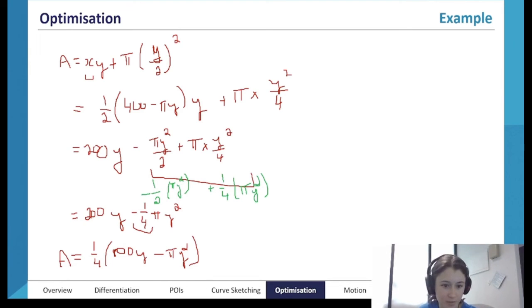Firstly, let's find the derivative. I'm going to do this in this nice green color, a dash. So we're going to have a quarter out the front, then we're going to have 800 take 2 pi y. So this is going to be our derivative. We now need to find when this is going to be equal to 0.